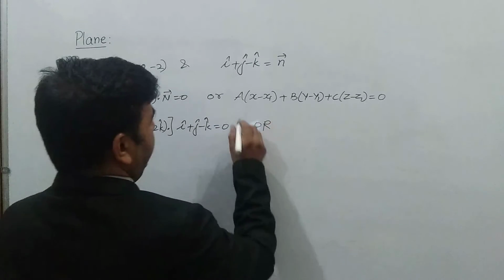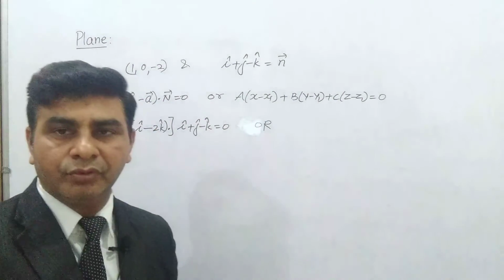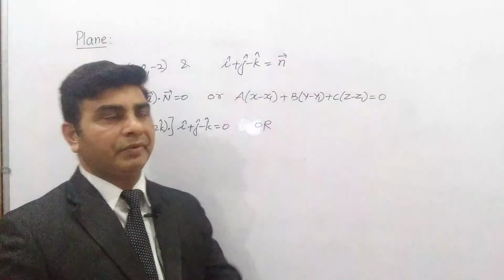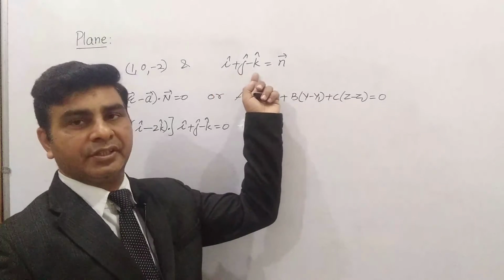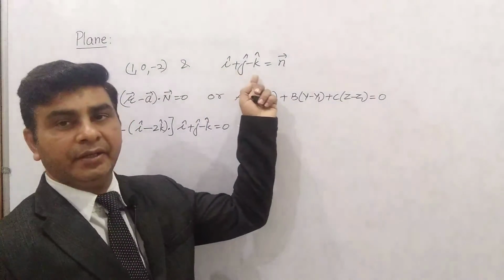Or this can also be written with a, b, c as the direction ratios of the normal to the plane, and the normal vector is given as i cap + j cap - k cap. So the direction ratios of the normal are 1, 1 and -1.